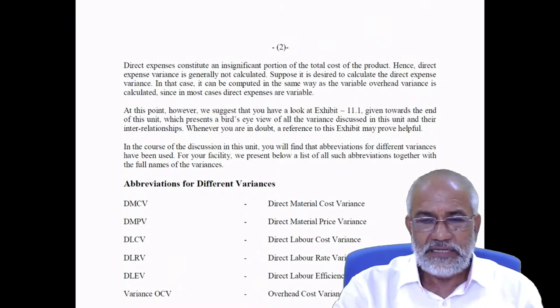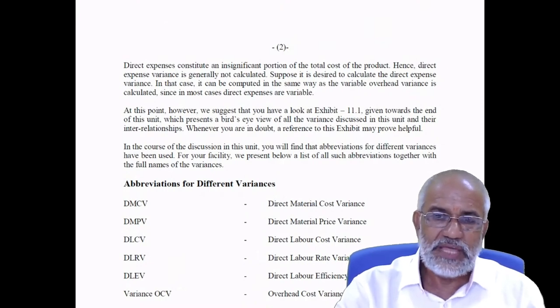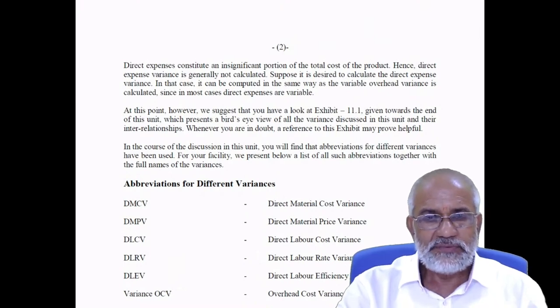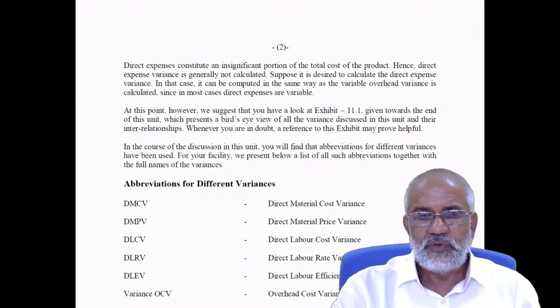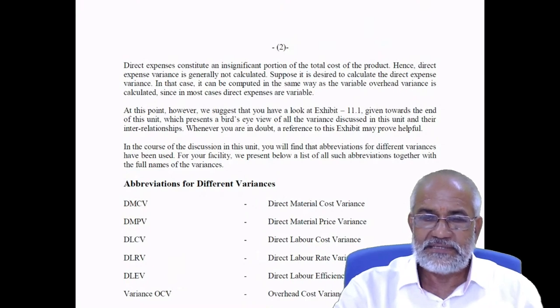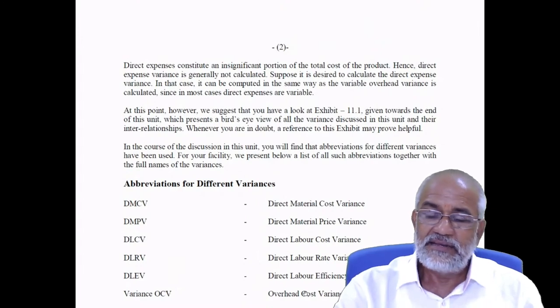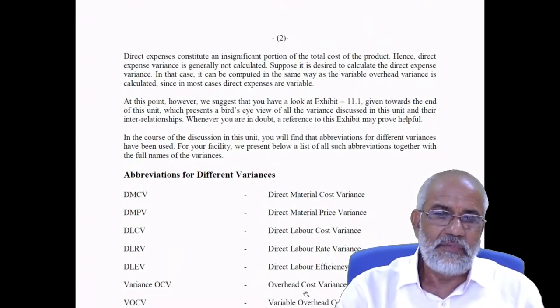Whenever you are in doubt, a reference may be made to that exhibit so that your doubt can be clarified. In the course of discussion in this unit, you will find the major abbreviations which are frequently used in this session. They are given as under.